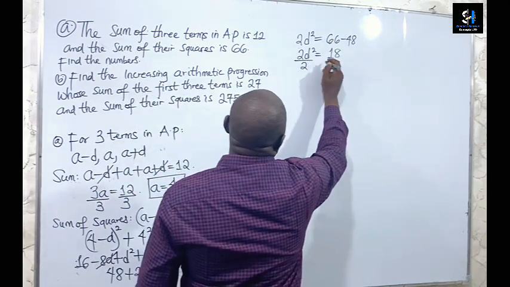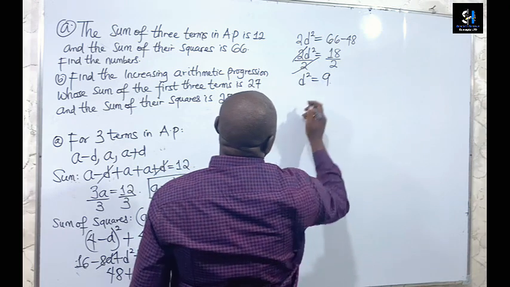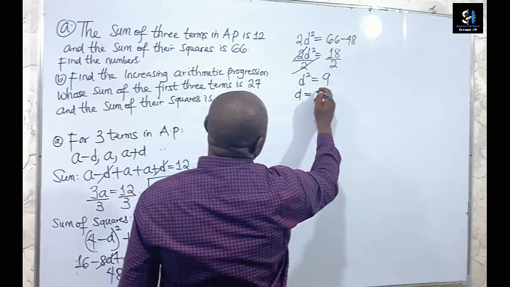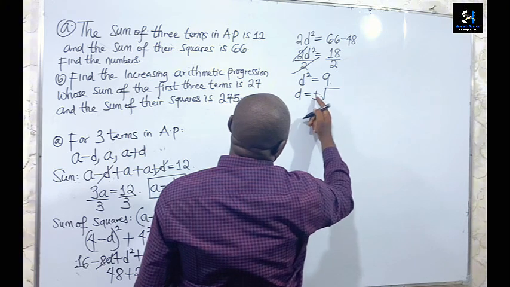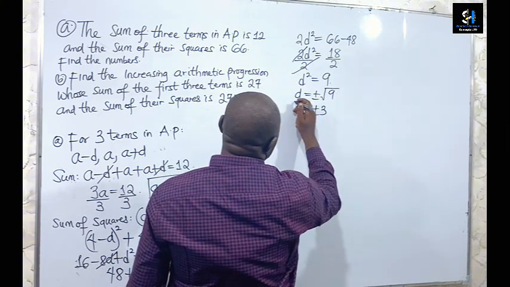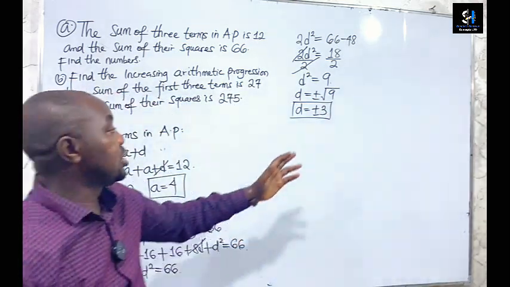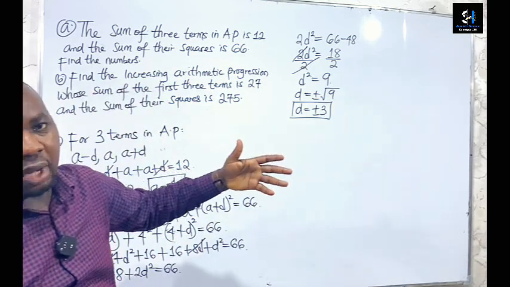If we divide both sides by 2, we have D squared equal to 9. So D will be plus or minus the square root of 9, then D will be plus or minus 3. This means the common difference is either plus 3 or minus 3.